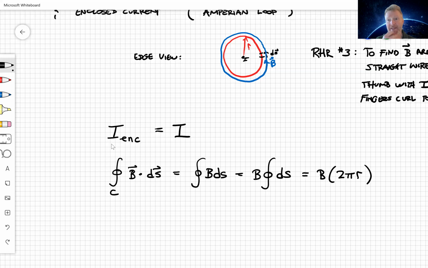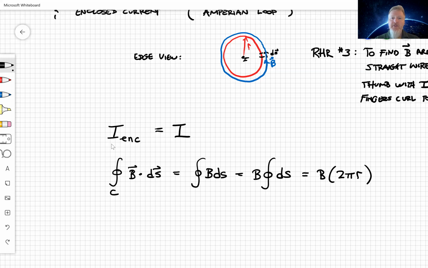Check the same boxes as you did with Gauss's law. Dot product, taken care of. Is the size of the field constant on the loop? Yes. Boom, comes out of the integral. Ding, here's the integral of the circumference of this loop. Now, if it's a rectangle, then you just have height and width, or you have a circle, or whatever. It's just the circumference of the loop.